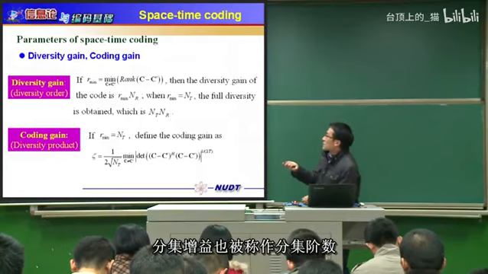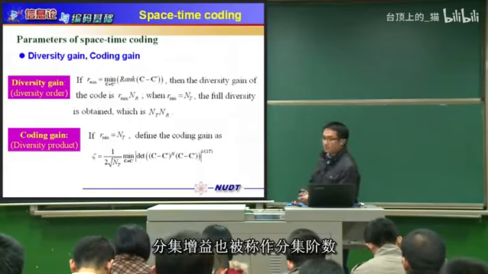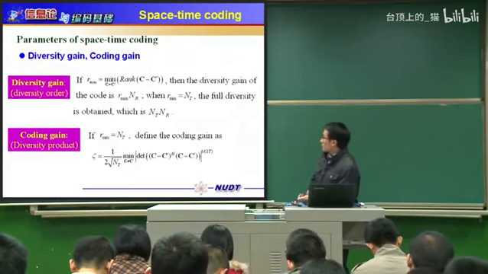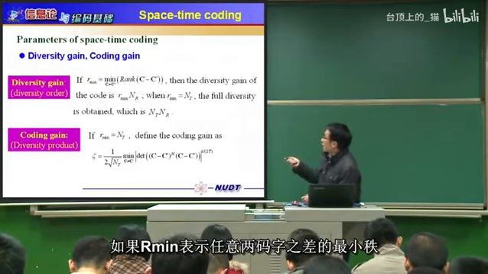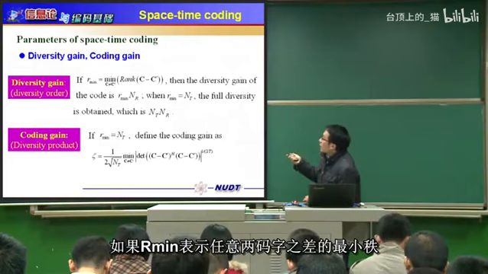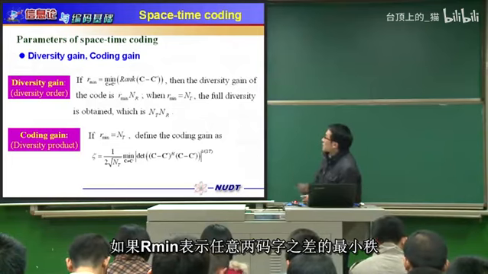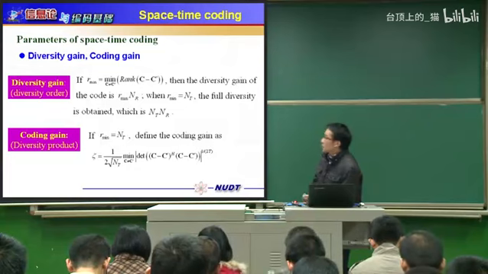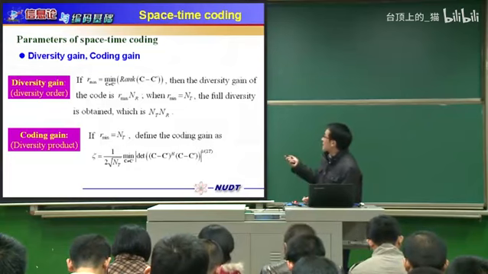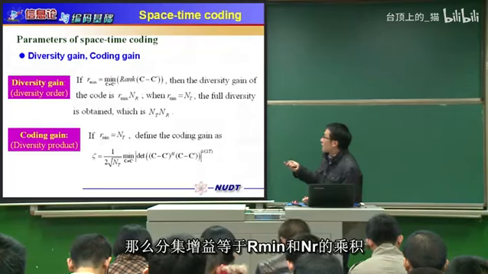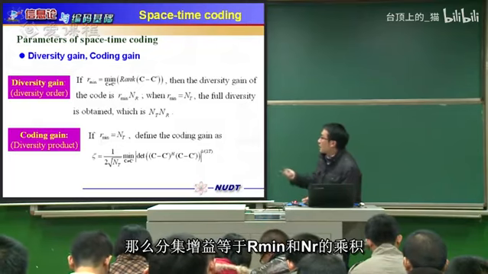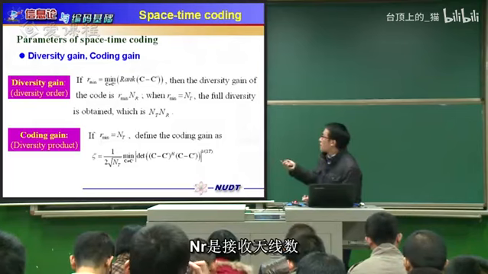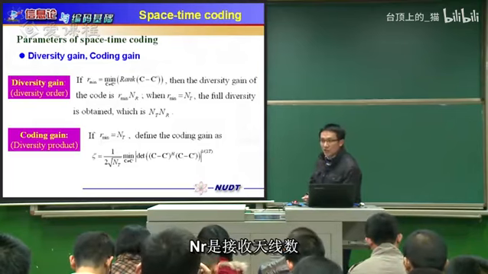The diversity gain is also named the diversity order. If the minimum rank of C minus another code word is R min, then the diversity gain of the code is R min times NR, where NR is the number of receive antennas.